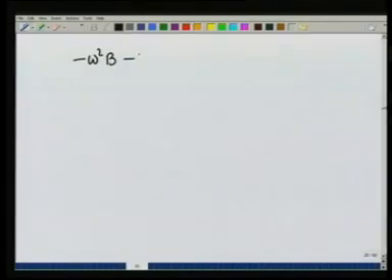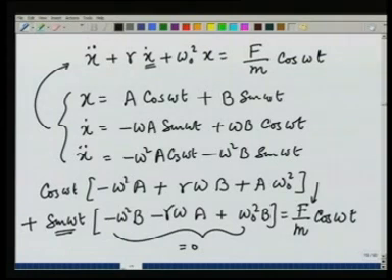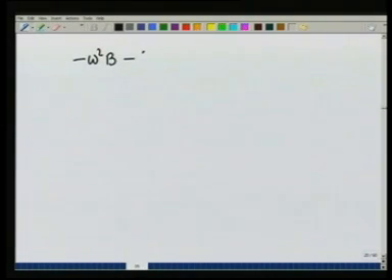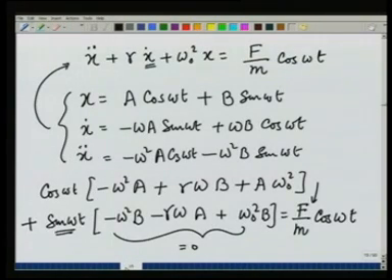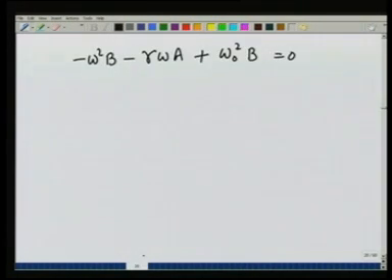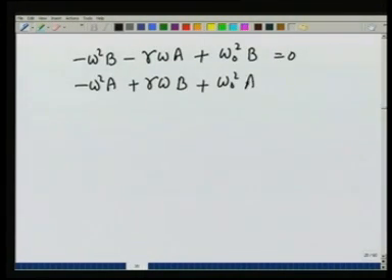So, we have minus omega square b minus gamma omega a plus omega naught square b is equal to 0, and we have minus omega square a plus gamma omega b plus omega naught square a is equal to f over m.